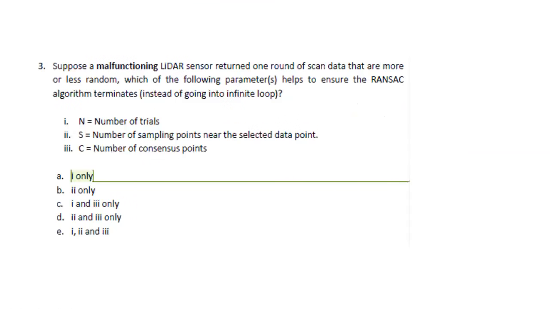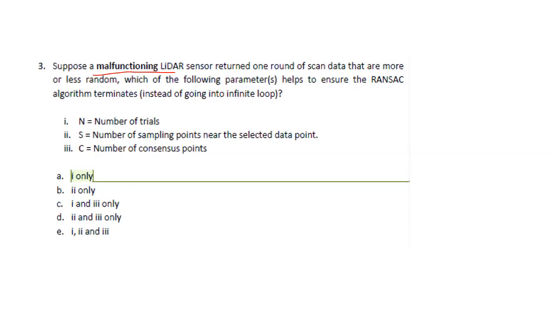So question 3 asks: suppose a malfunctioning LiDAR sensor returns one round of scan data that is more or less random. Something has gone wrong. Which of the following parameters helps to ensure that the RANSAC algorithm terminates instead of going into an infinite loop?